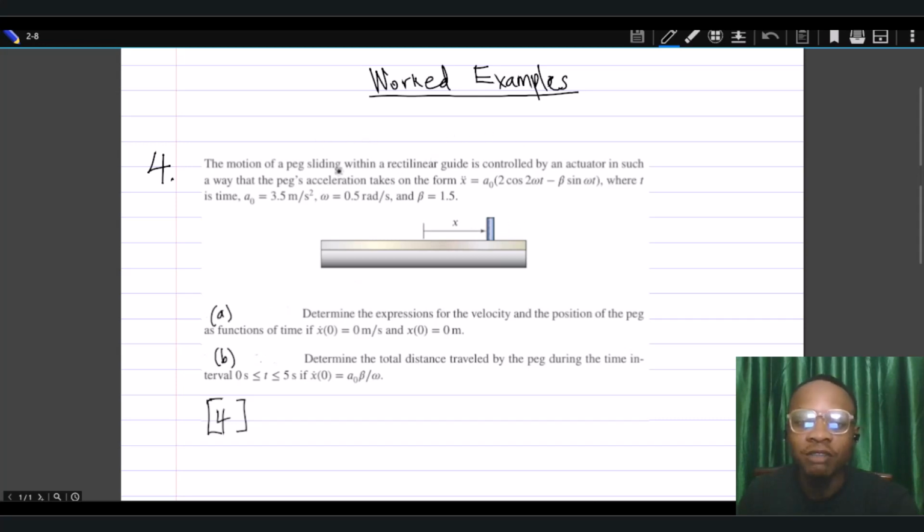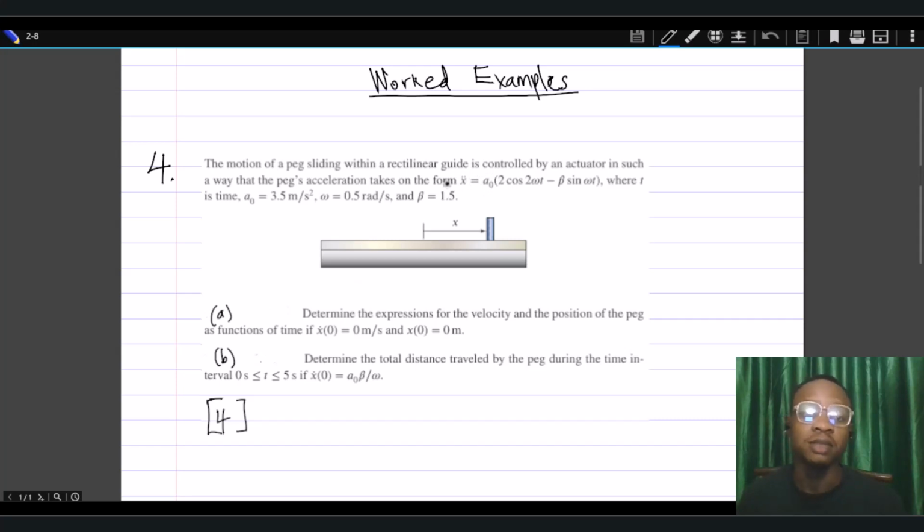So it says that the motion of a peg sliding within a rectilinear guide is controlled by an actuator in such a way that the peg's acceleration takes on the form. So this is its acceleration. Now, what if you were not told? Let's say it just told you that the motion of the body is defined by this relation. It's then left for you to figure out that this is acceleration because this is x dot dot.